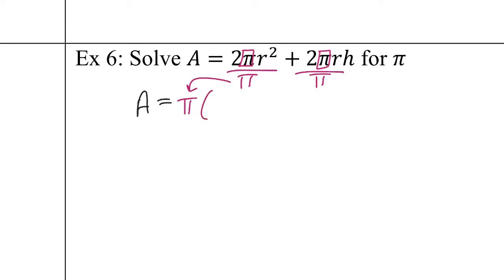So on the first term, when I divide out a pi, you're left with 2r squared, because these pi's are going to go away. On the second term, when I divide out the pi, you're going to be left with 2rh. See, if you distribute this back in, if you multiply pi back in, you're going to end up back where you started. That's how you know you did this correctly.